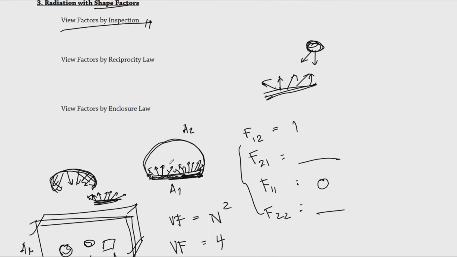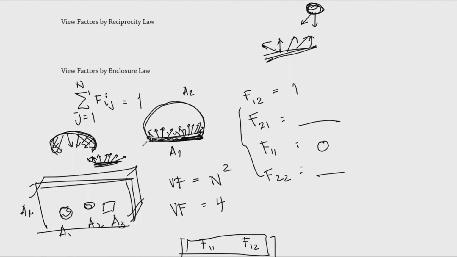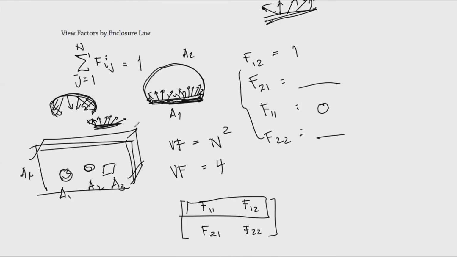To give you a general property, we could say that the summation of all the view factors Fij, given j is equal to 1 to n, would give us a value equal to 1. The n goes higher depending on the number of surfaces existing inside an enclosure.